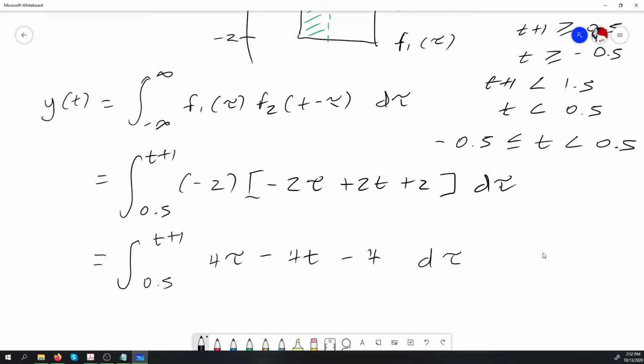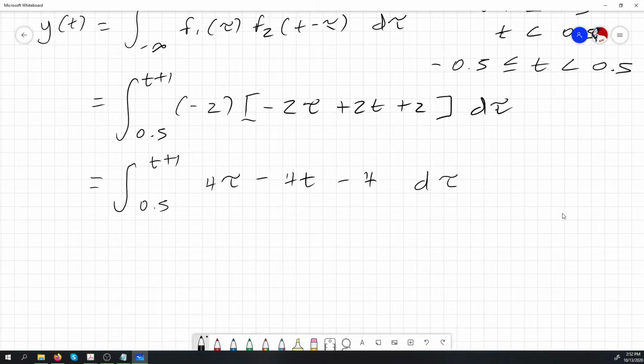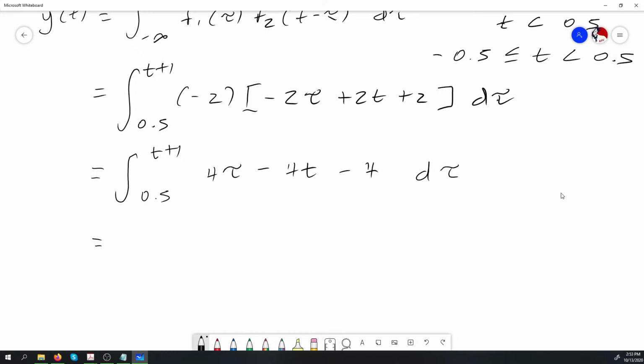And in this particular case, because we integrate with respect to tau, t is treated as a constant. So when we actually conduct our integral here, you'll get 2 tau squared minus 4t tau minus 4 tau, between t plus 1 and 0.5.